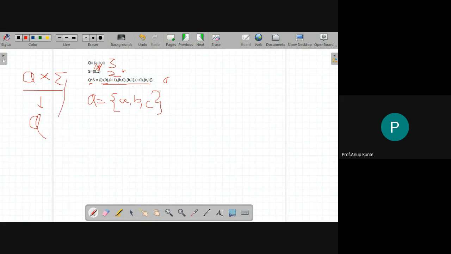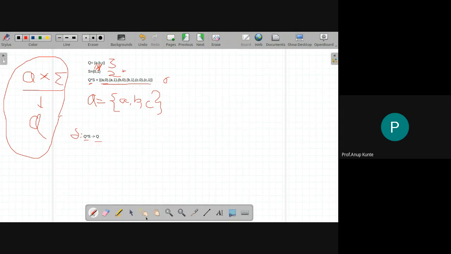This mapping will be represented as Q cross sigma map to Q. It will be given a new name, delta. I don't have that symbol with me, so I'll just draw it. So delta is the name of this functional mapping Q cross sigma map to Q.